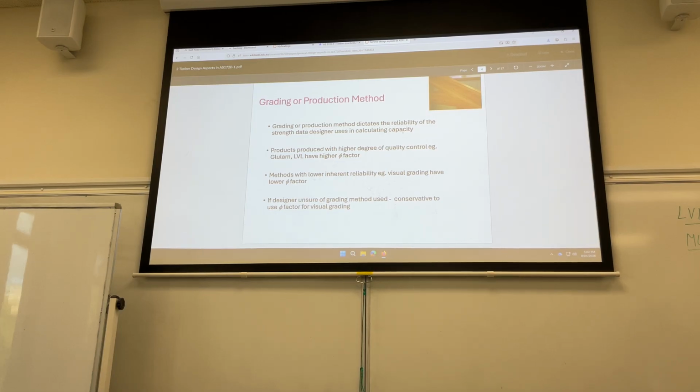That's why the factor phi will be lower for them. Products produced with a higher degree of quality control, like Glulam and LVL, have higher phi. If the designer is unsure of the grading method, conservatively use the factor for visual grading. Okay guys, this is all just explanation of phi, not very important.